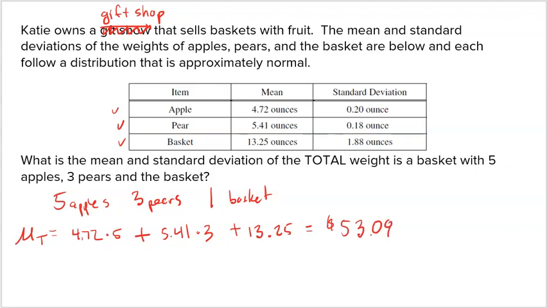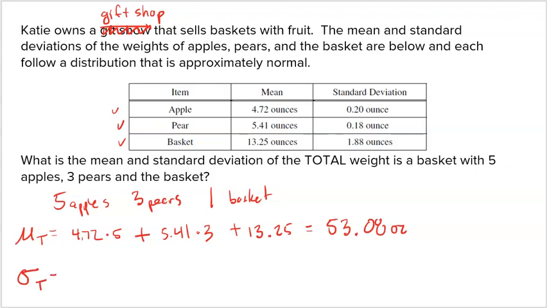So if she were to throw 5 apples and 3 pears into a basket, she would expect that basket to weigh 53.08 ounces on average. Obviously, sometimes that basket could be more, sometimes less.